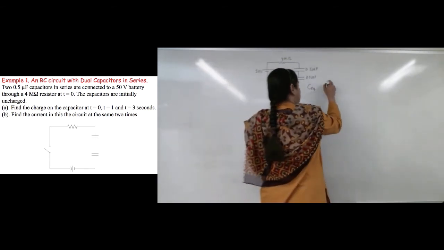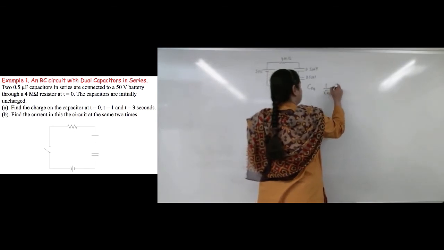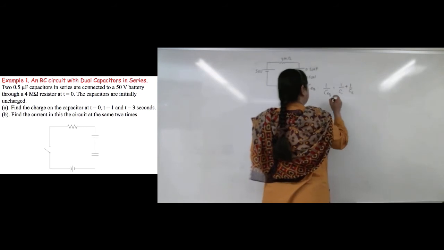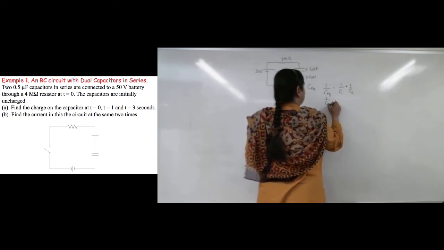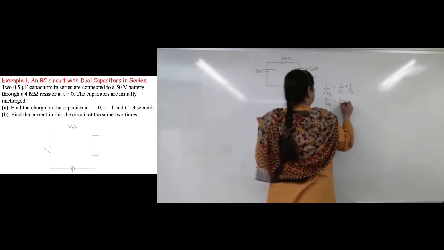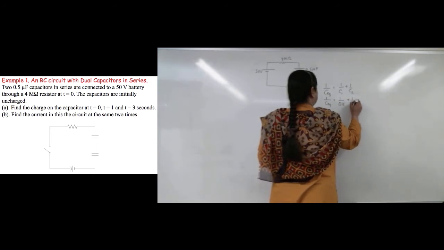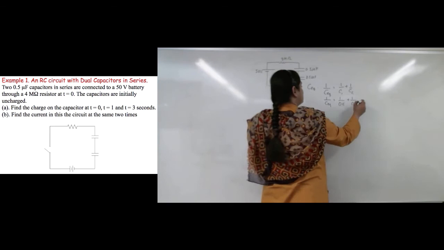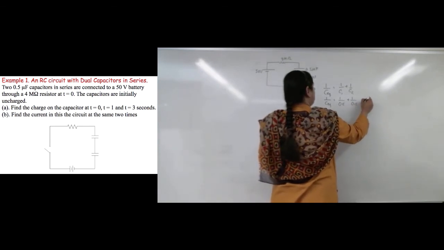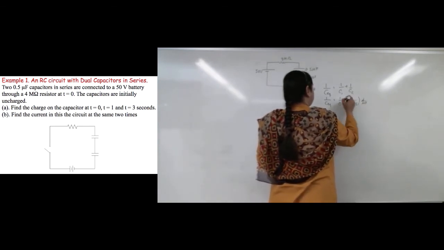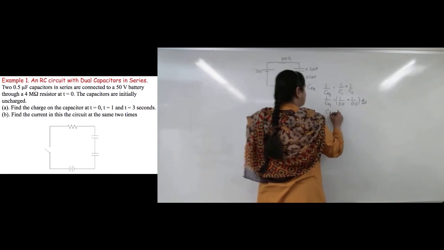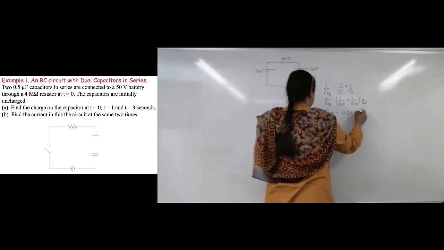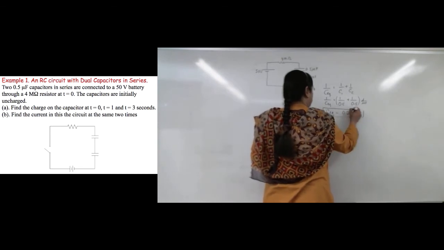For capacitors in series, 1 over C equivalent equals 1 over C1 plus 1 over C2. This means 1 over C equivalent equals 1 over 0.5 plus 1 over 0.5 microfarads. Solving this, C equivalent equals 0.25 microfarad.